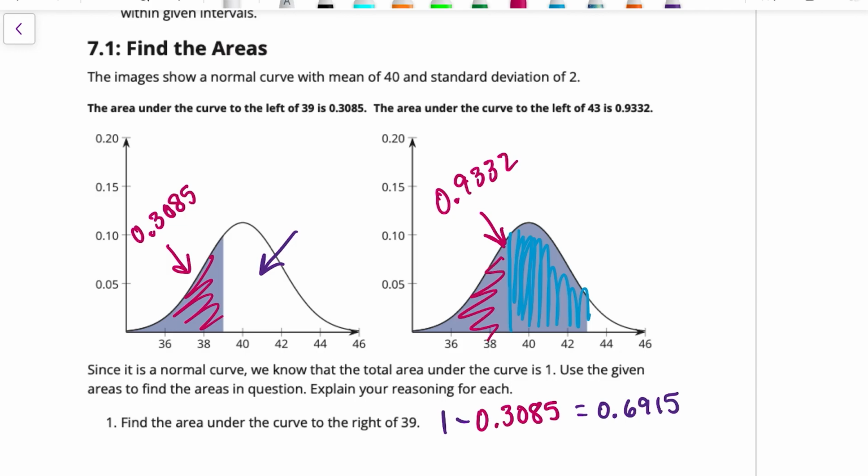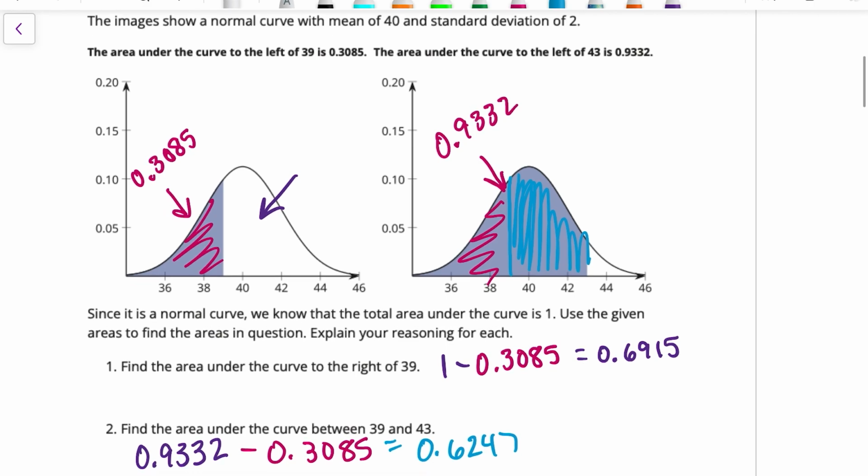So we're going to subtract that 0.3085, and that will give us what's left underneath, and that would be 0.6247. And you could just use a calculator to find that.